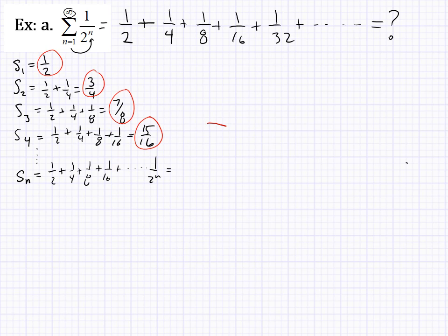The idea is you definitely see there's a pattern to this. The pattern that you're seeing is in the bottom, you have 2 to the n, and at the top, it's always 1 less than that. So 2 to the n minus 1. So this is the formula that would generate this sequence. When I plug in 1, I get this. When I plug in 2, I get this. When I plug in 3, I get this. Plug in 4, I get this. Plug in 1,000, I could figure out what the 1,000th partial sum equals.